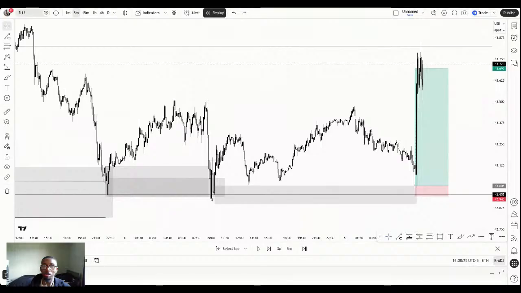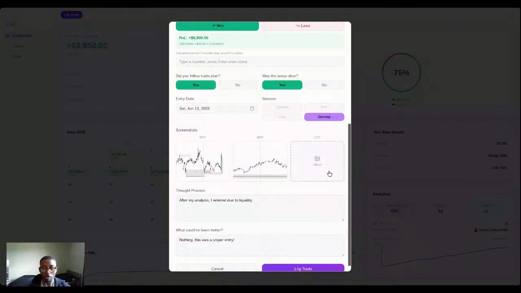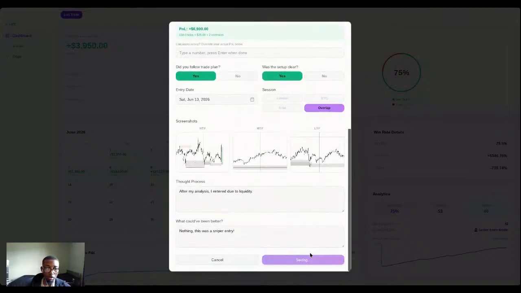So I'll come back here and I literally just add in the screenshots that I just created. Hopefully this is not lagging, because it looks like it's a little bit lagging on my side. I have it showing right here on my phone because I don't really have any viewers yet, so I'm not focused on everything being picture perfect.